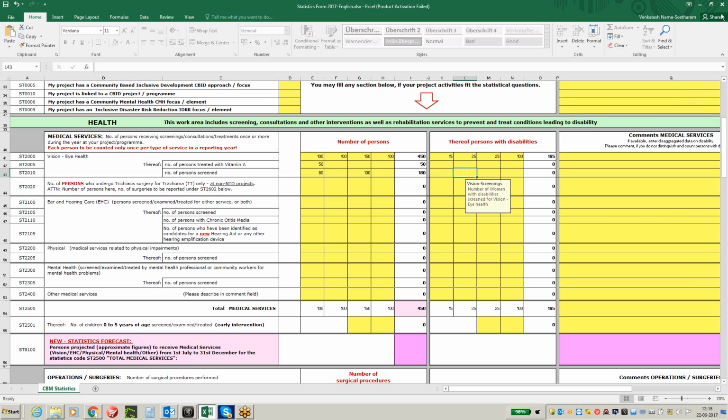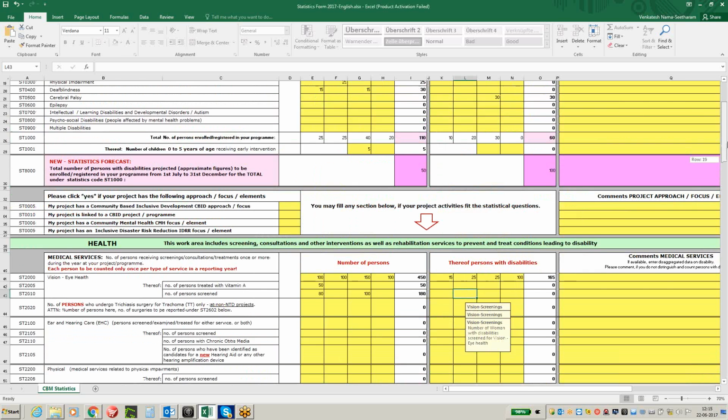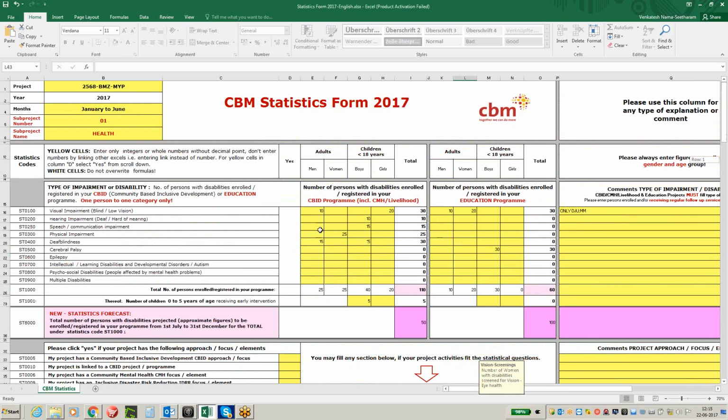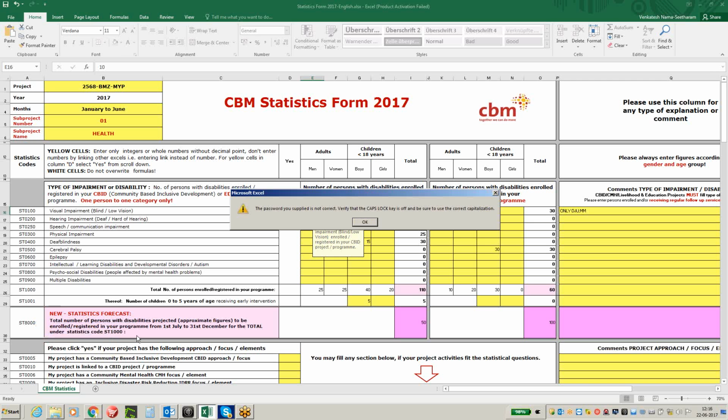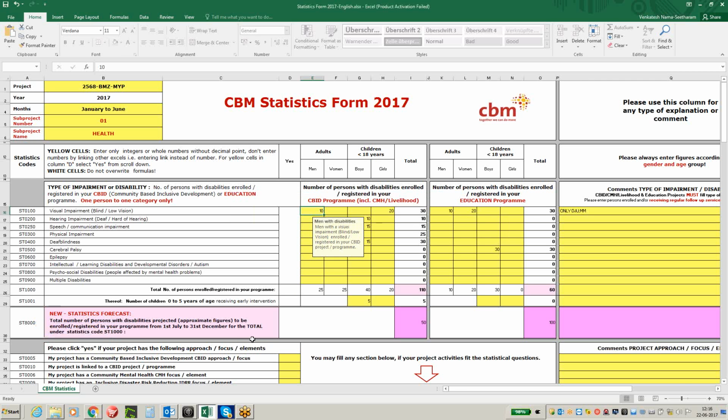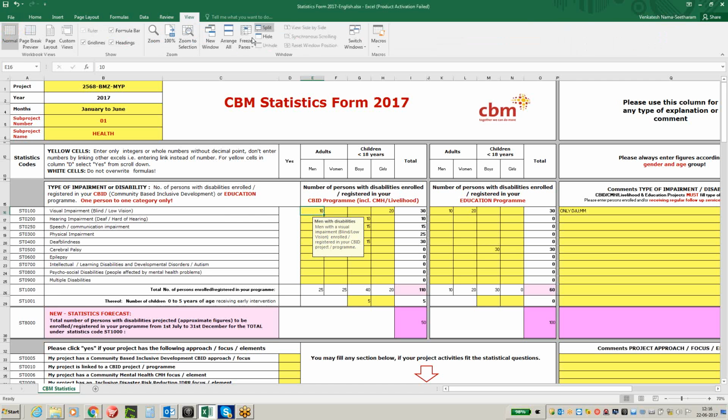I think I should minimize for you to see the whole columns. I'll just freeze it so that you can see the top columns. It is clear to me, but you might not be able to see the top of the screen, so I freeze it just for convenience.